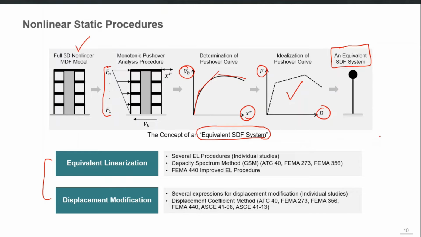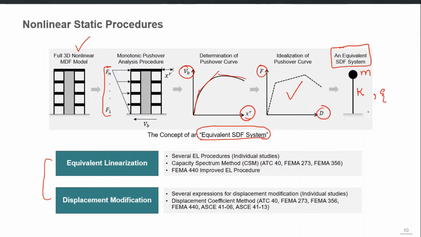So I repeat again that the idea is that we can convert the pushover curve in an idealized form as a force deformation behavior and give it as an input to our single degree of freedom system. So now that single degree of freedom system is not elastic anymore, because the conventional single degree of freedom system is governed by a mass and a constant K matrix and some damping ratio.